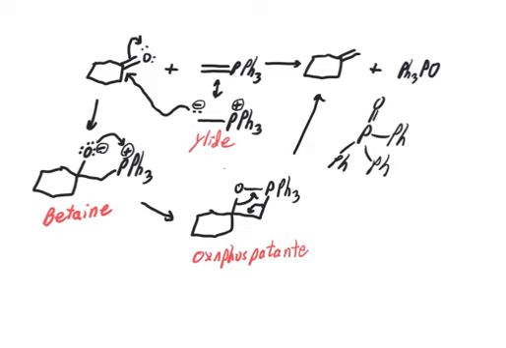All right, so this is the byproduct, the triphenylphosphine oxide. And the alkene will be given as the byproduct.